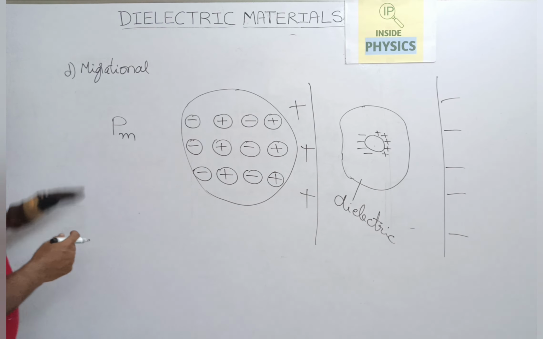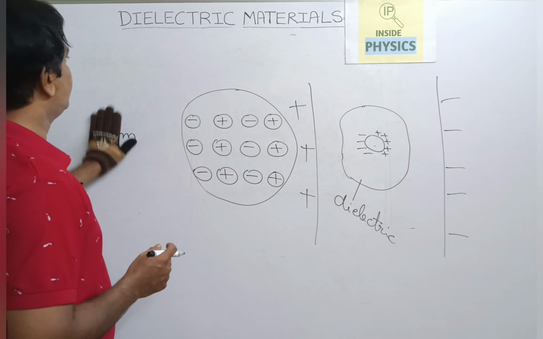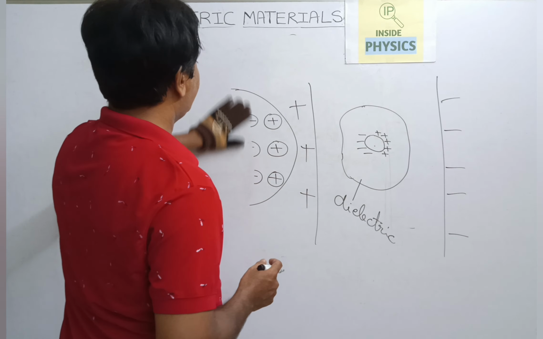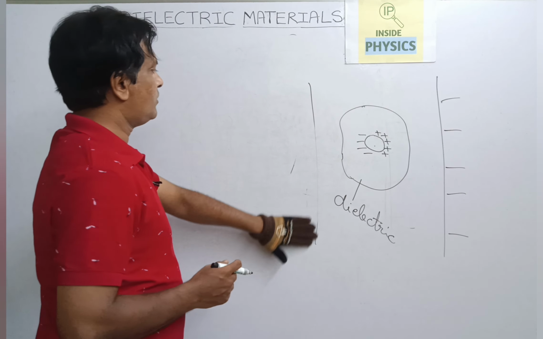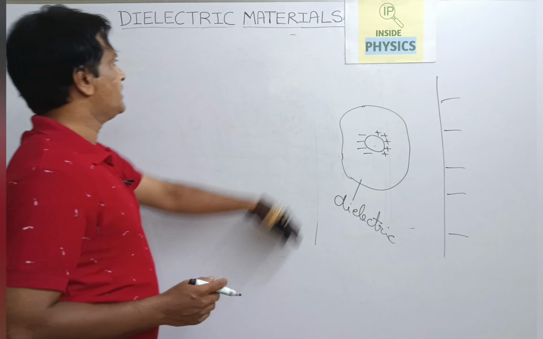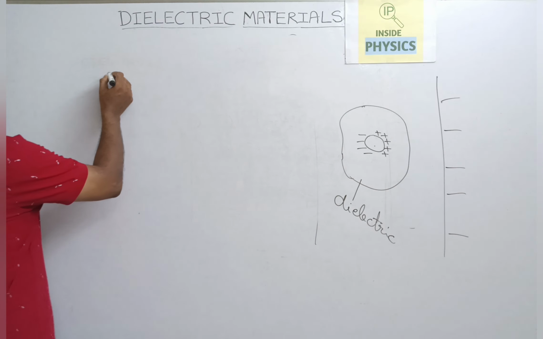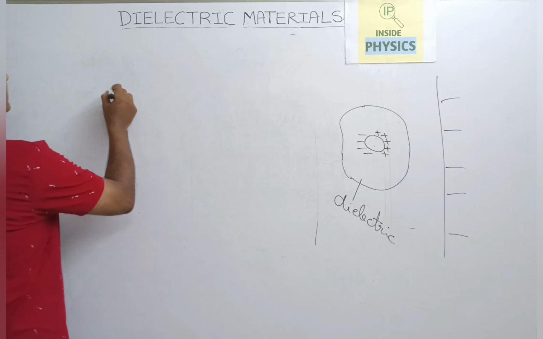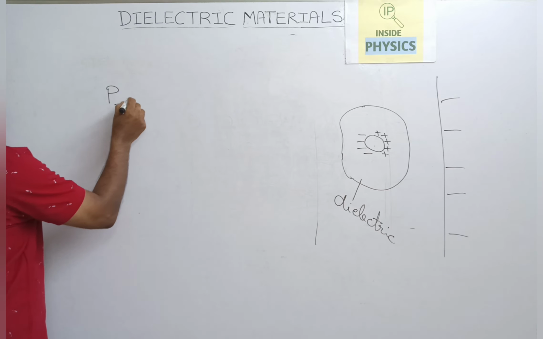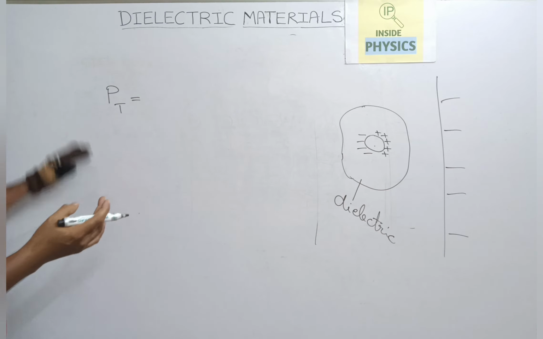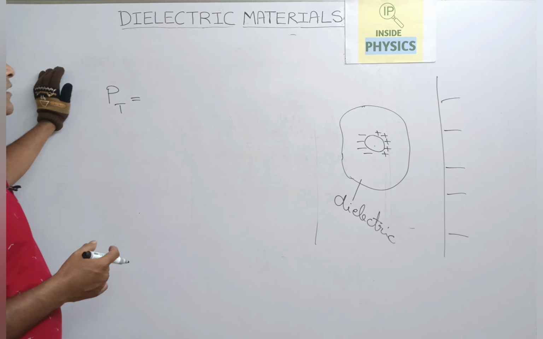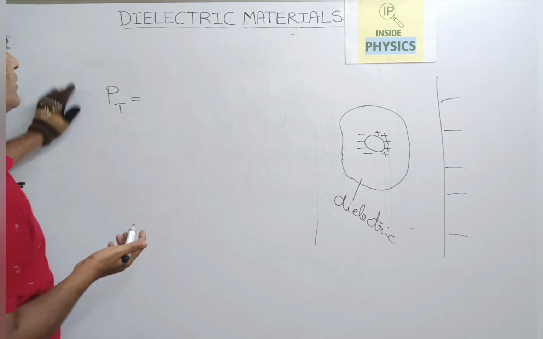So if we consider a material which shows all four polarizations, what is the total polarization? We just add these four polarizations: electronic, ionic, orientation, and migrational or space charge polarization.